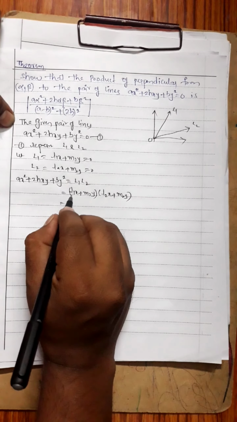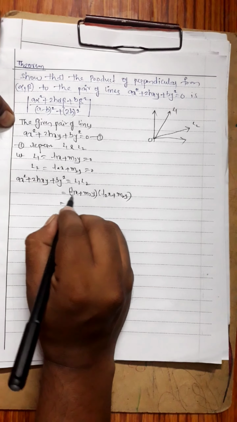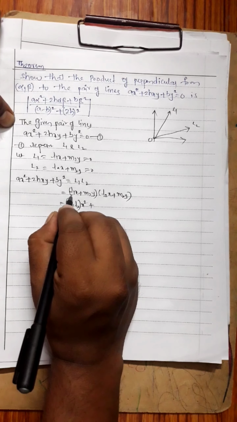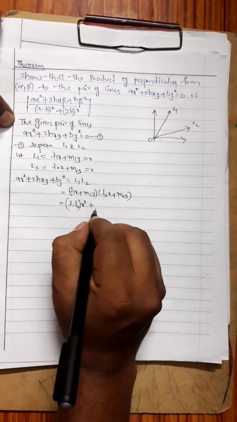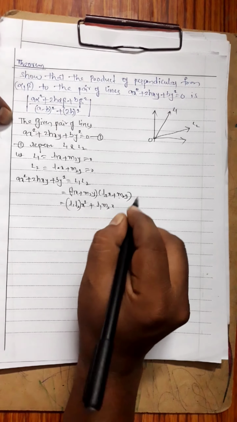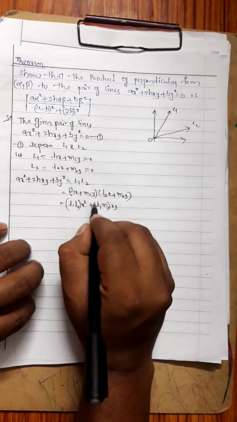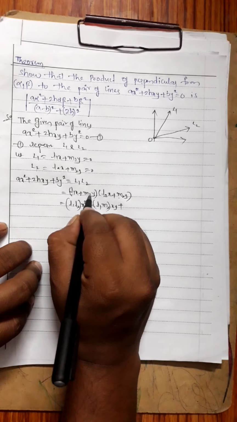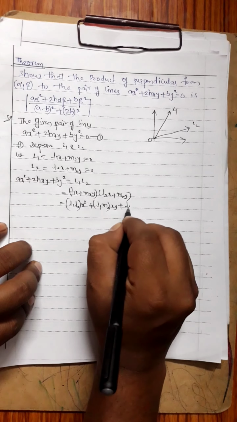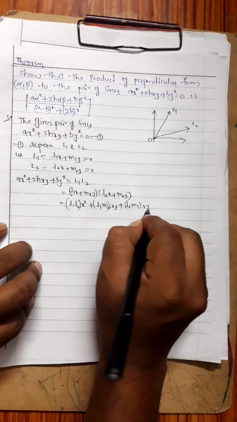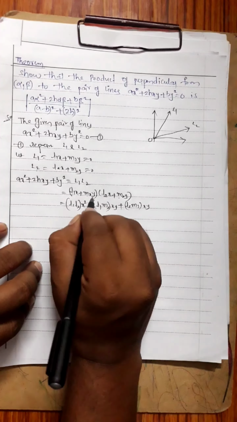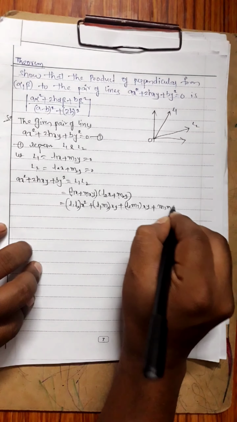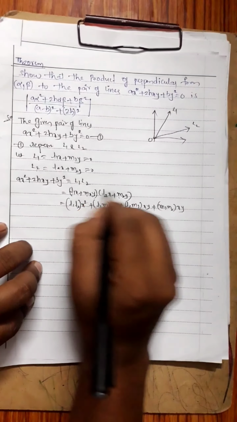Multiplying, L1x into L2x becomes L1 L2 x square, plus L1x into M2y, therefore L1 M2 xy, and then plus M1y into L2x, therefore L2 M1 xy. Then plus M1 M2 y square.